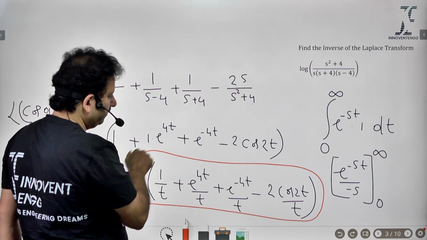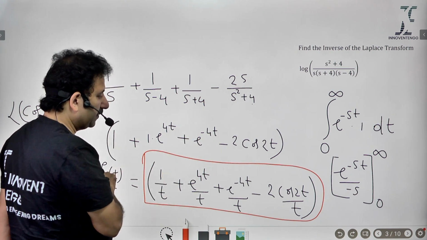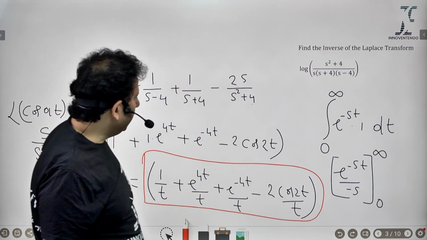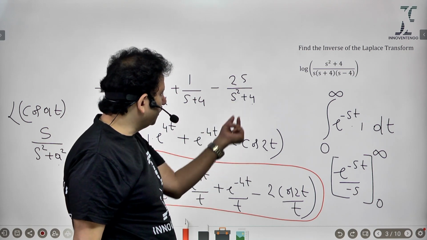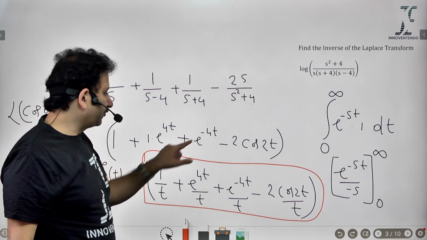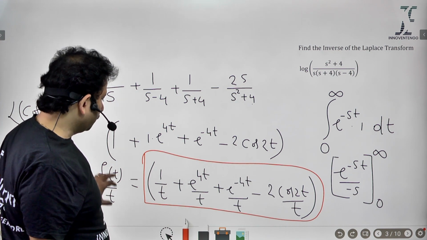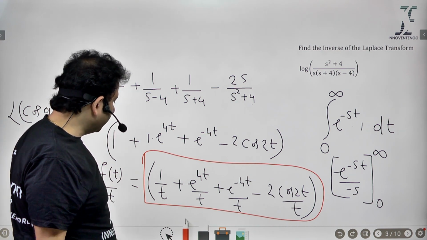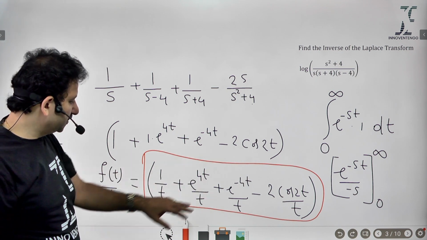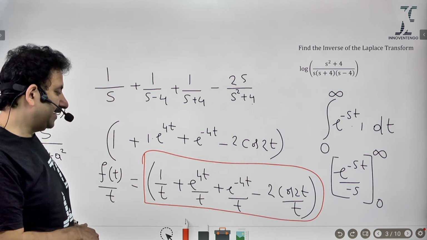And the same is for 1 by s plus 4, because you are frequency shifting by minus 4. And what about this? This is 2 into, this exactly fits into the definition of Laplace transform of cos, and this is what exactly you get. And finally, since you differentiated it, and you know that only when you integrate the Laplace transform of these functions, you will get the log function, so you had to divide by t.